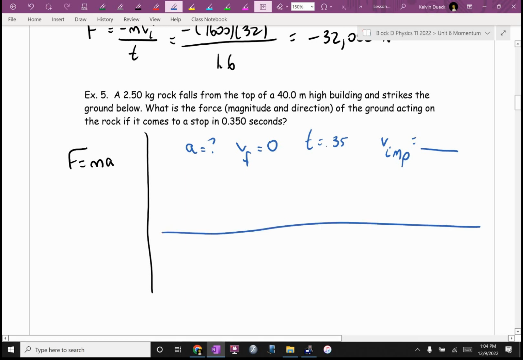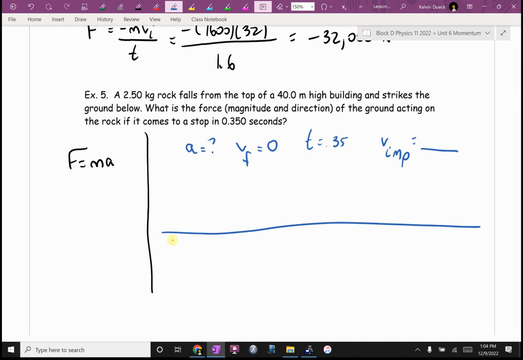Let's draw another line. Okay. Now what? This is a much, much tougher question. Well, what haven't I used yet? What haven't I written down or used at all yet? The 40.